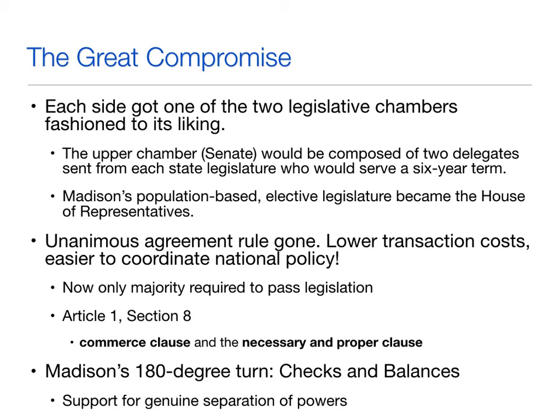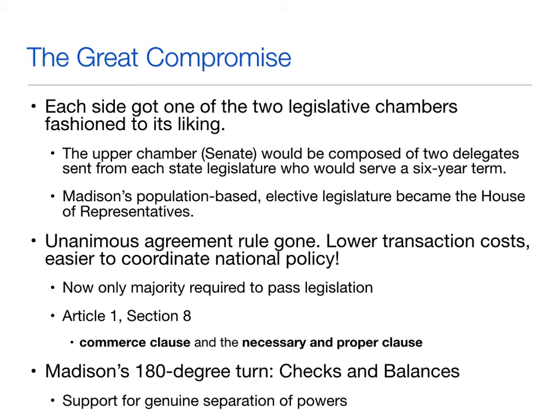Each side got something. They kept the two legislative chambers. There would be an upper chamber, which would operate very similarly to the Articles of Confederation. This would be called a Senate, composed of 2 delegates sent from each state legislature who would serve a 6-year term.